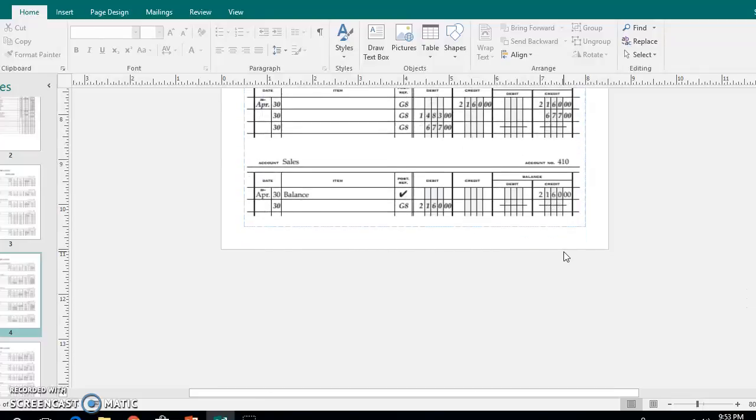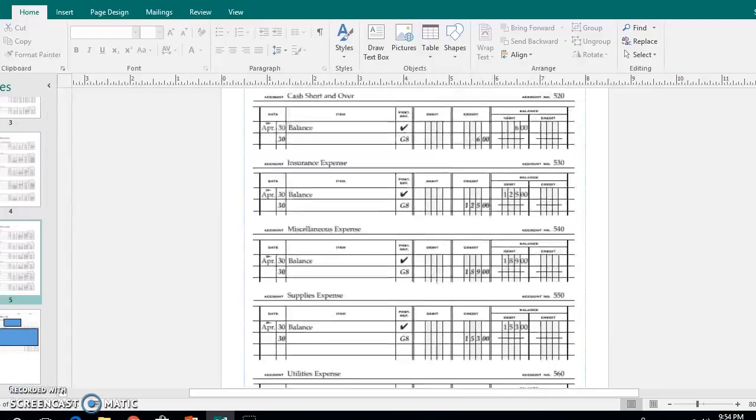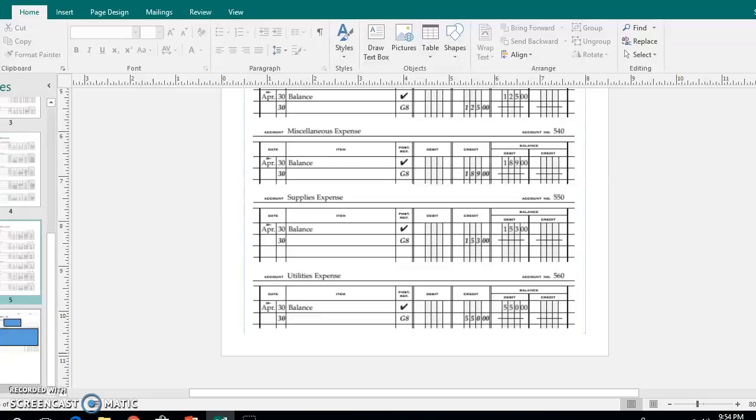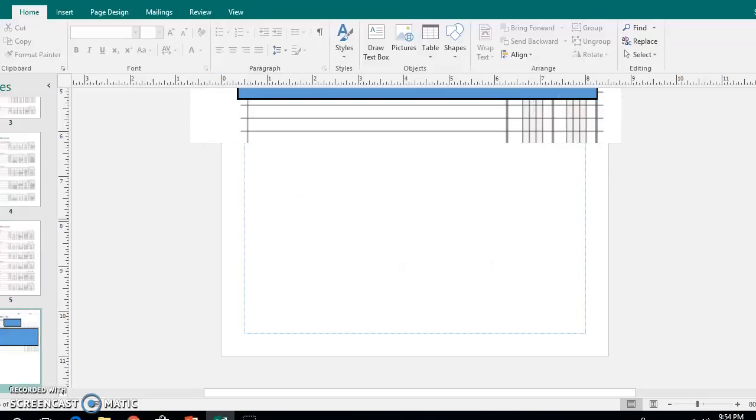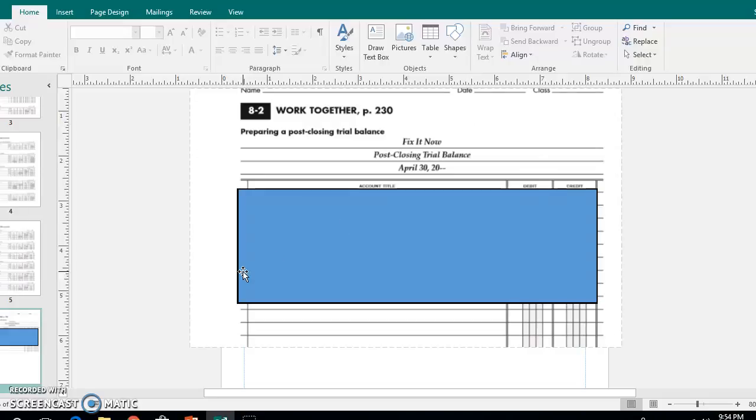All the rest of them have zero balances, so they do not show up on the post-closing trial balance. Alright, so your post-closing trial balance. First thing you're going to write, post-closing trial balance, April 30th, because this is what the book tells us to write on page 230. And once again, we're going to write all the accounts that have balances.